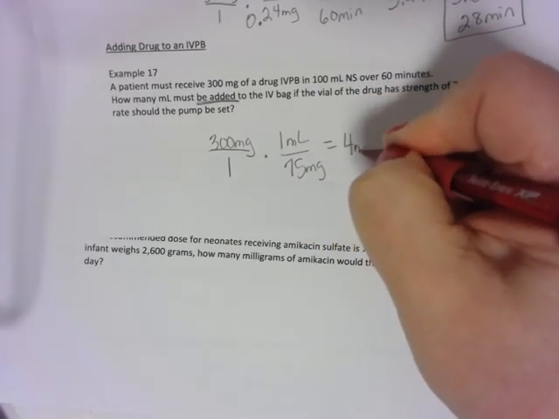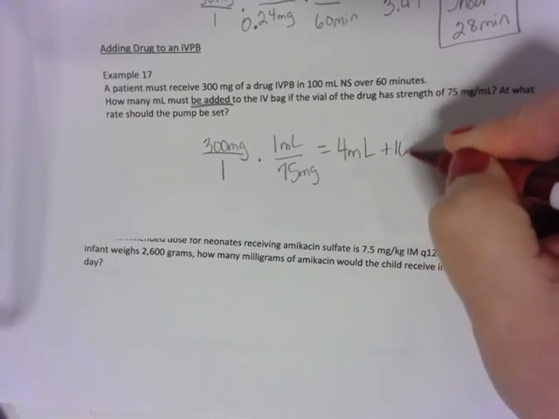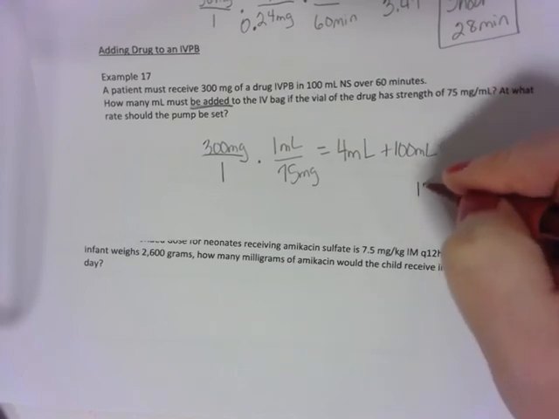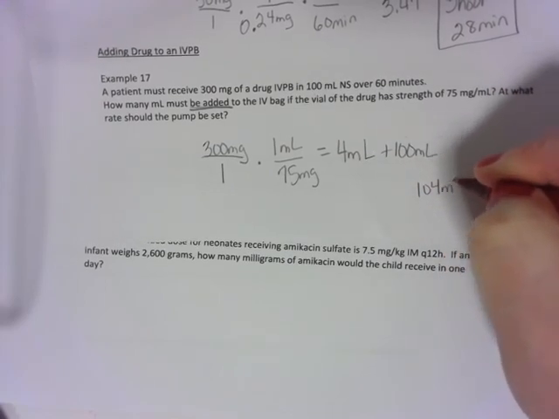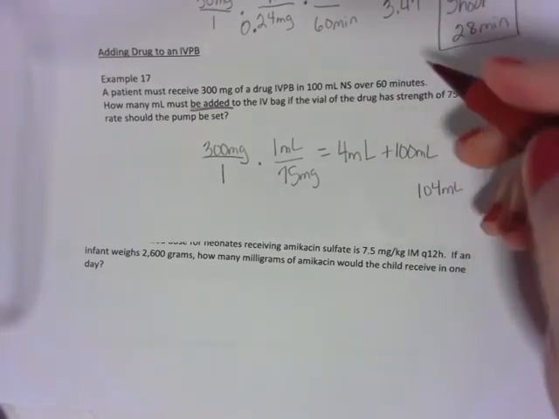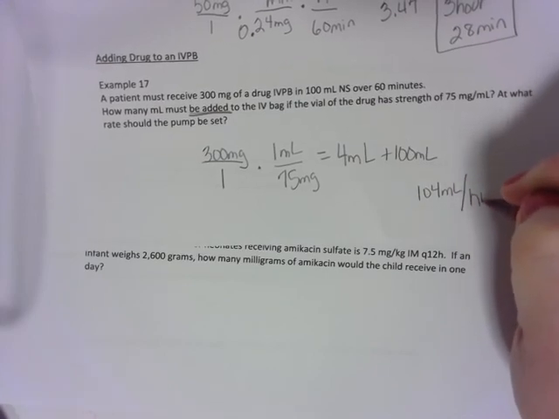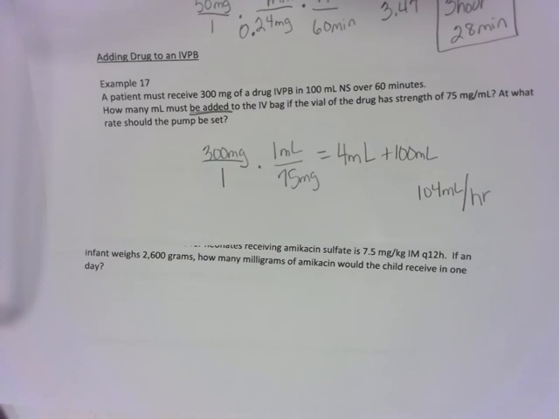That's what I'm taking out of the vial, and I'm putting in the piggyback. So I'm adding 4 mLs to the 100 mLs. So I get a total of 104 mLs, and I'm infusing that in the 60 minutes, or the 1 hour. So my pump setting would be 104 milliliters per hour. And that wraps up part 4.